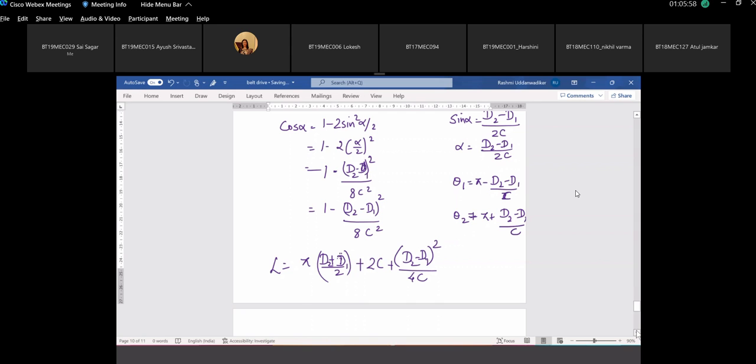It's almost 7.8 meters. Now this design is only for the belt drive, but for the complete design, you have to design the pulley as well.